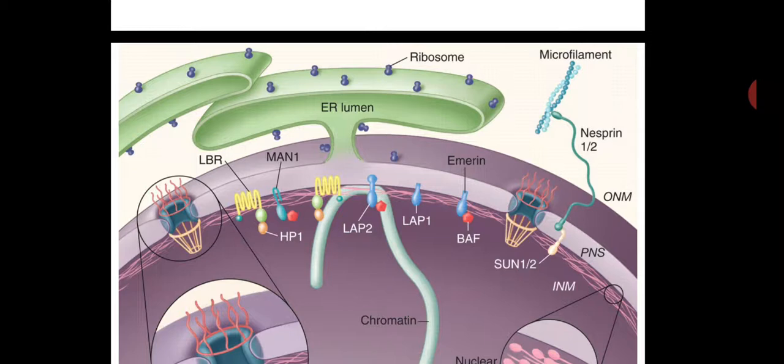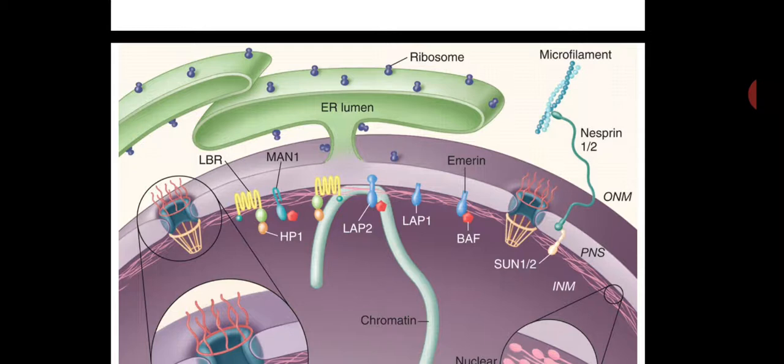Okay, right? And further, water soluble proteins can possibly diffuse through the nuclear pore complex. Many water soluble proteins can diffuse easily, and molecules up to 5,000 daltons molecular weight can simply diffuse through the nuclear pores.